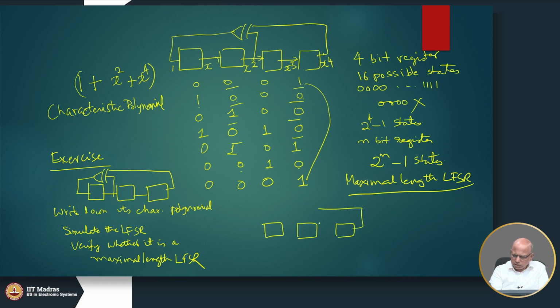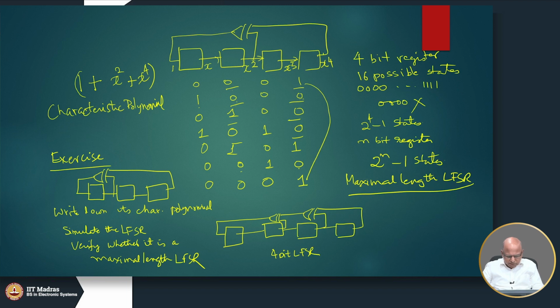So, we take this guy, and we take this guy, and we feed it back. So, this is a 4 bit LFSR. Please simulate this also and check whether it is a maximal length LFSR.